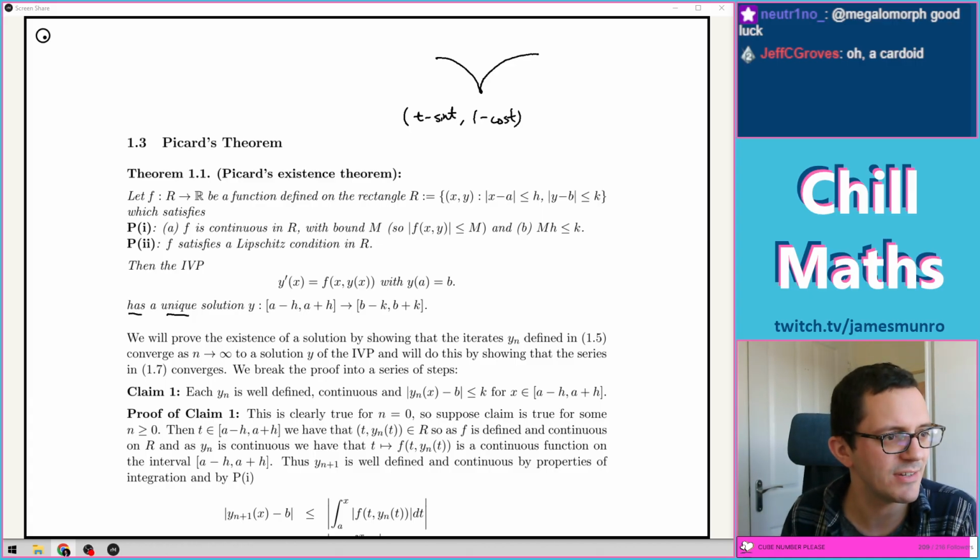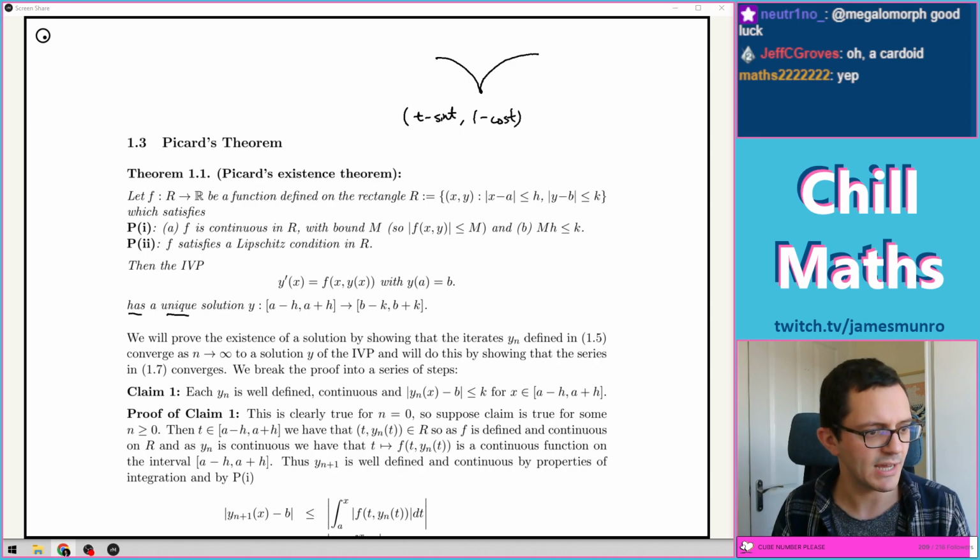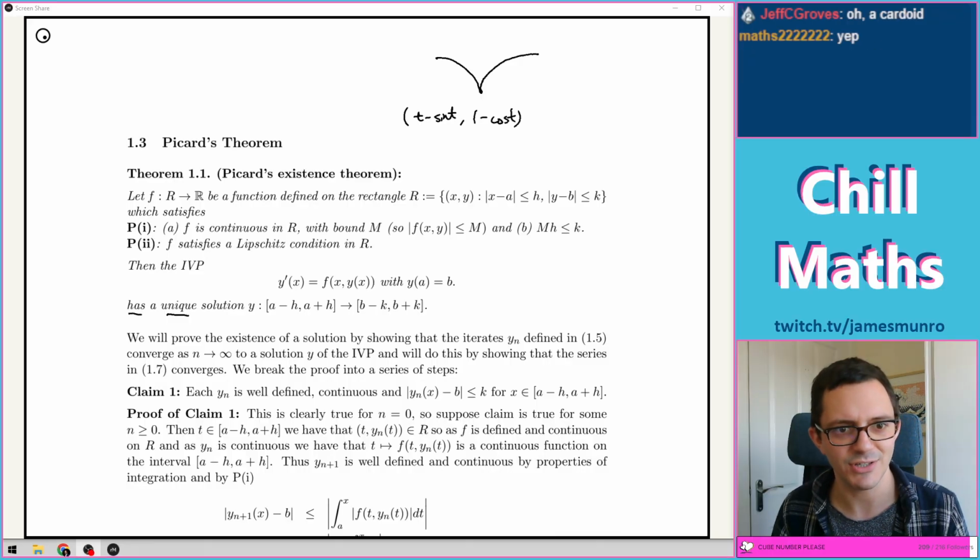Maybe that's what Maths 2 to 2 is trying to do. I'm not totally sure. Have I even drawn that right? I think I have. I've drawn it upside down, but still, I recognise that function.